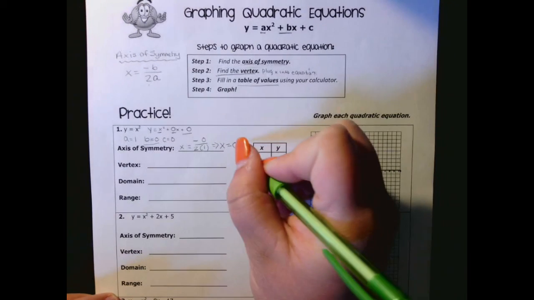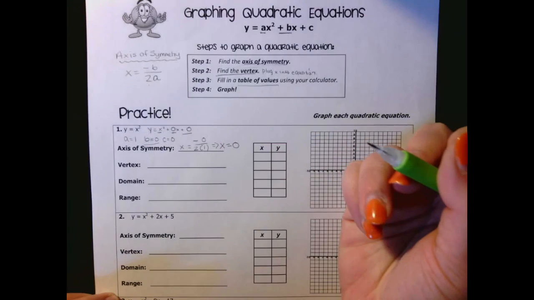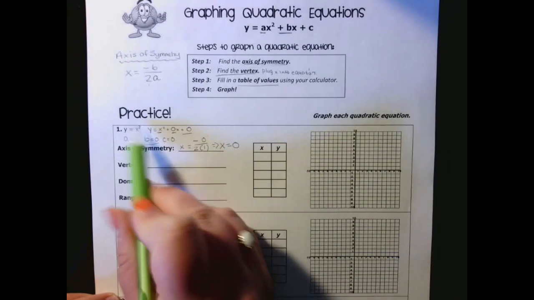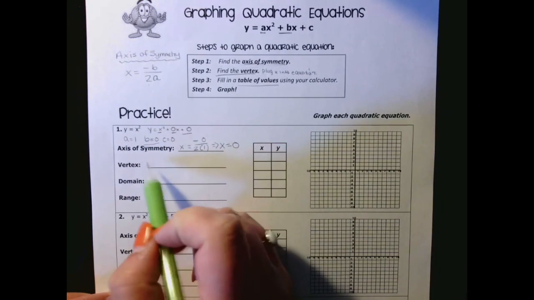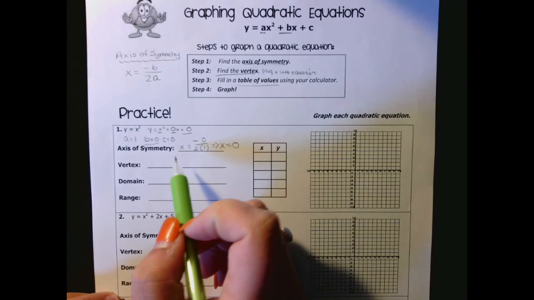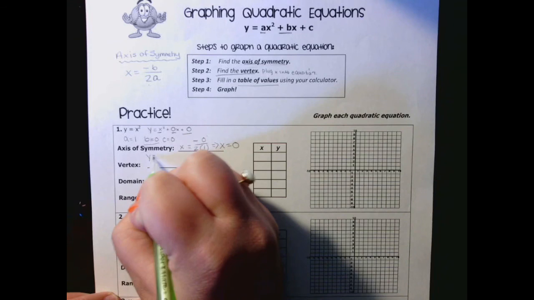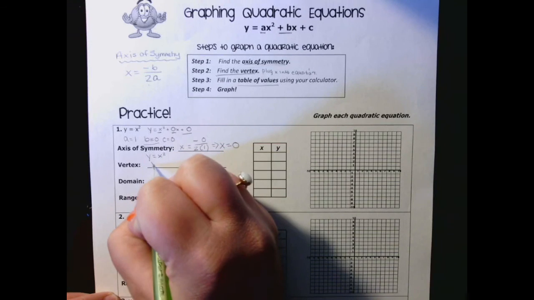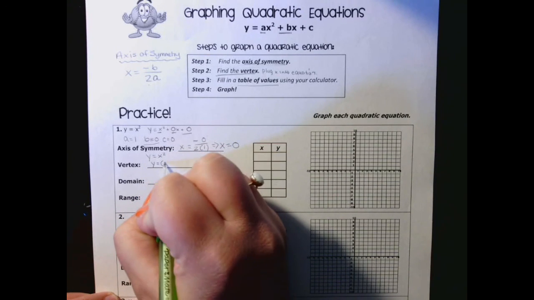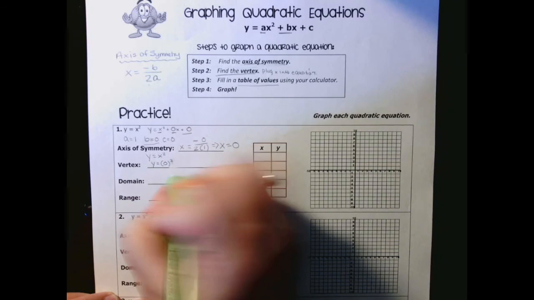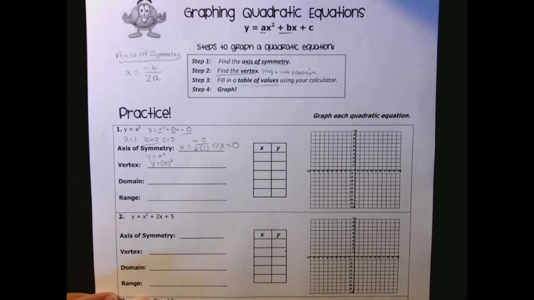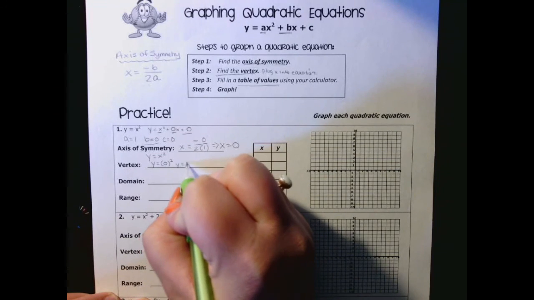Then I'm going to take this, x equals 0, and I'm going to plug it into my equation to figure out what my y value is so that I have my vertex. So I have y equals x squared, which is going to be y equals 0 squared. And 0 squared is always going to be 0, so y is going to equal 0.